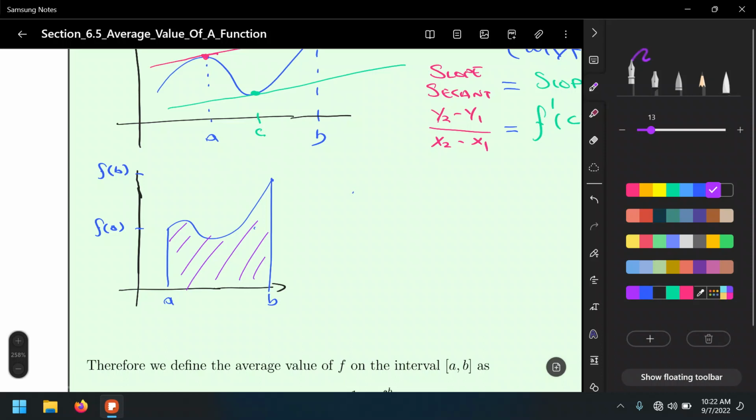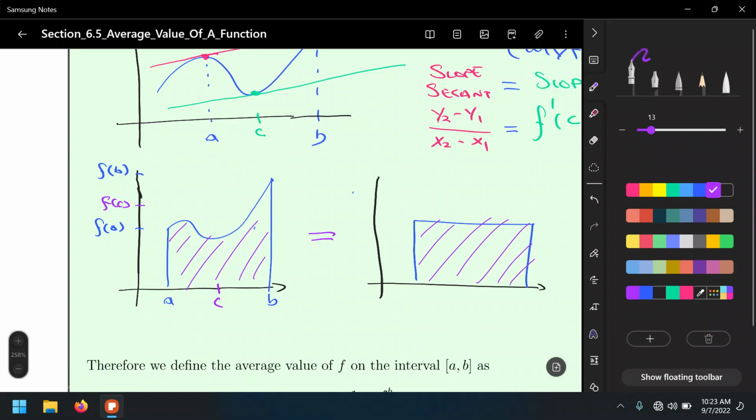But in this case, we're going to find a value of c, right in the middle somewhere, f of c and c, such that the area under the curve is the same as the area under the rectangle here.